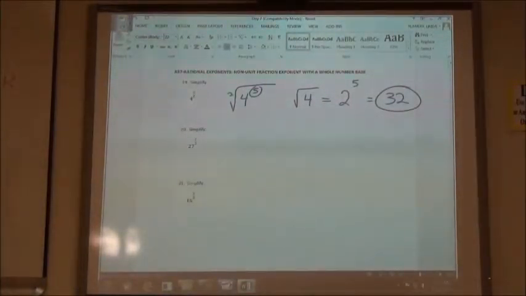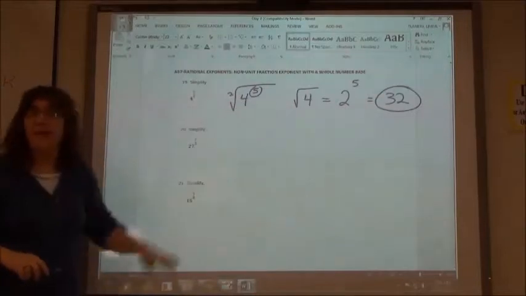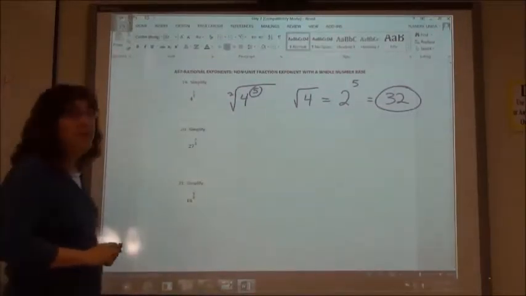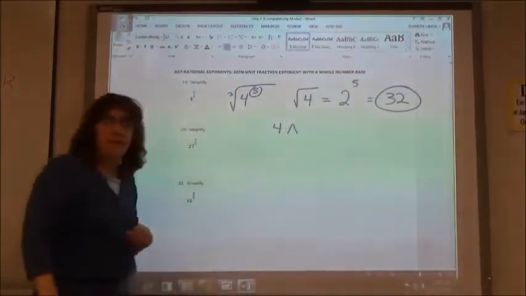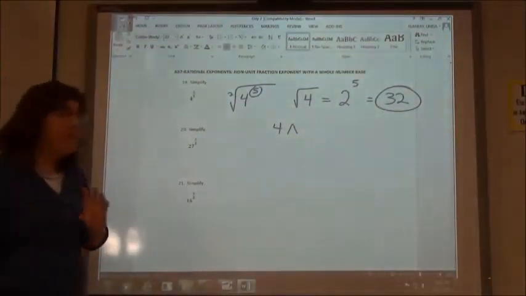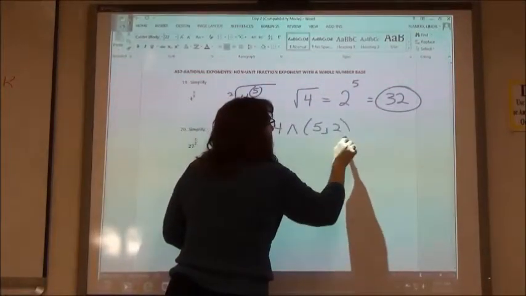If I'm going to do this on my calculator, the whole thing, I could do it in steps if I wanted to. This is how I have to type it in. 4 caret, and then in parentheses, you're going to do the fraction, 5 halves.